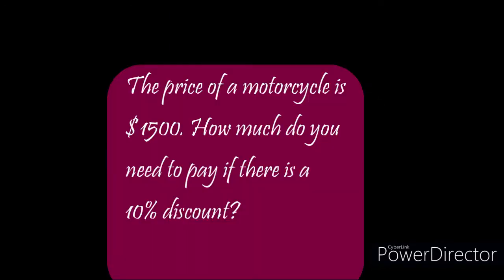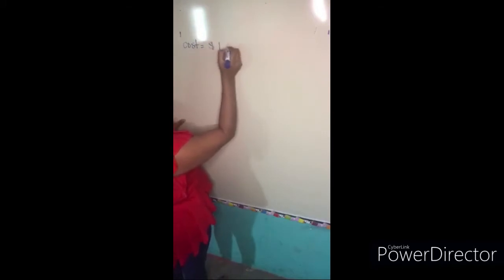So let's work on an example. The price of a motorcycle is $1,500. How much do you need to pay if there is a 10% discount? Now let's write down all we know about the problem. We know that the cost is $1,500, right?